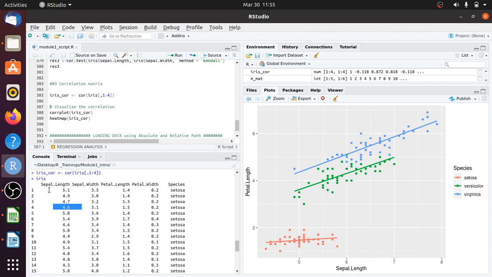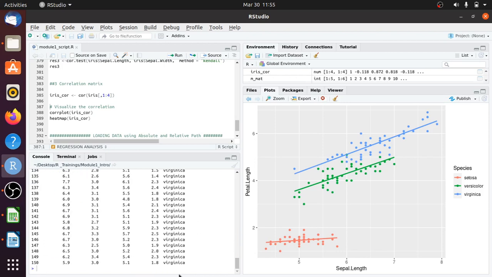So we now want to specify that from this iris we want to select columns 1, 2, 3 and 4 and all the rows. That's what we did here. Let me take it one by one so that you can get it.